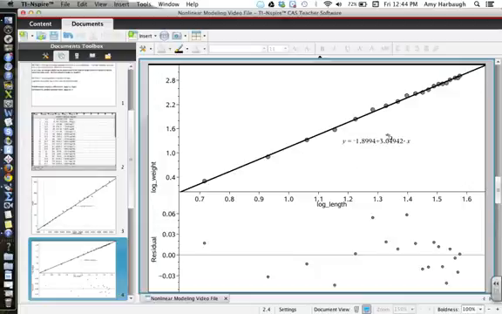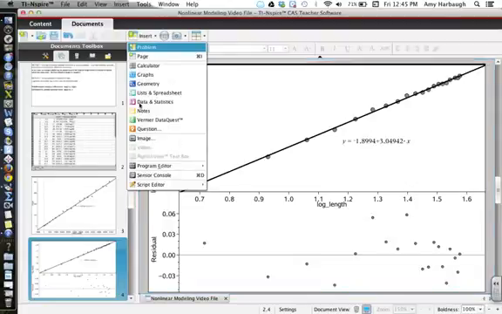So what I'd like to do is add a calculator page here and do an estimate for a fish that is 15 centimeters long. I want to estimate what the weight of that fish might be predicted to be based on this equation. Okay. So I'm going to insert a calculator page.